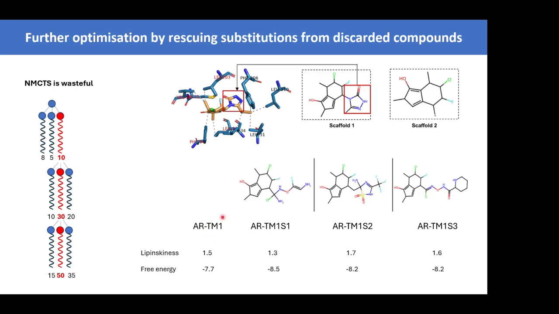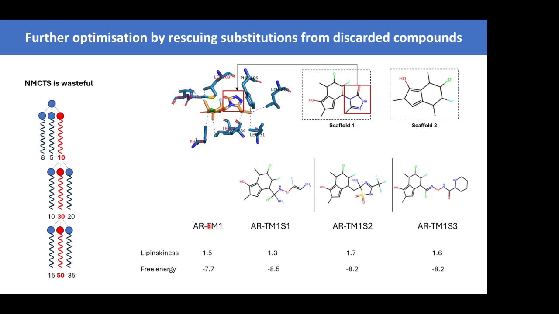We looked, for instance, for one of our compounds that target the AR. You can see that it had a good affinity, a good Lipinski score. And we look at the compound and we took the scaffolds that make that compound out. And we asked, do other compounds that showed improvement had other substitution that we could learn from? And indeed, we found some groupings, chemical groups that could be added to the scaffold that were different between these molecules and other molecules that improved affinity.